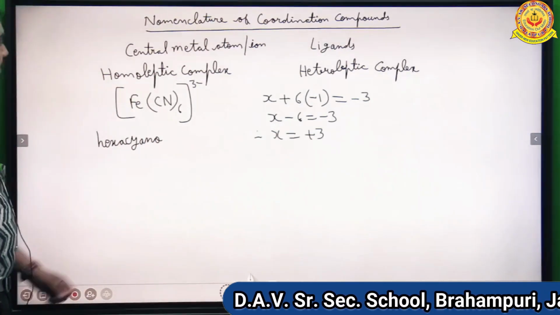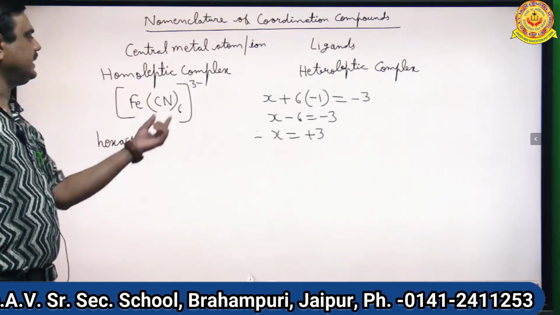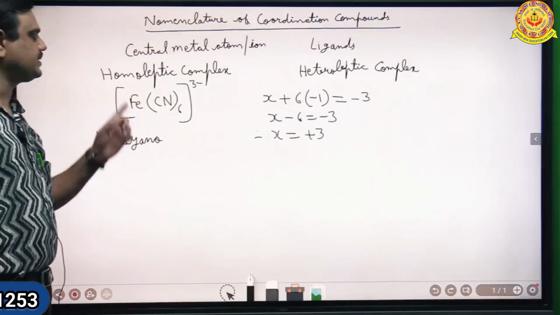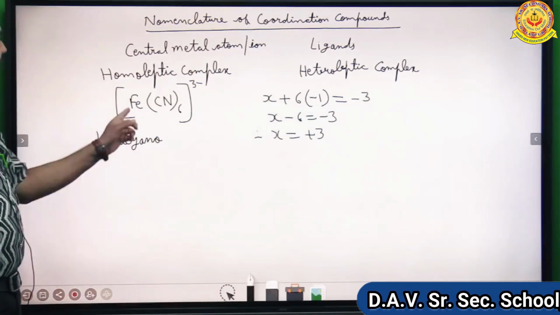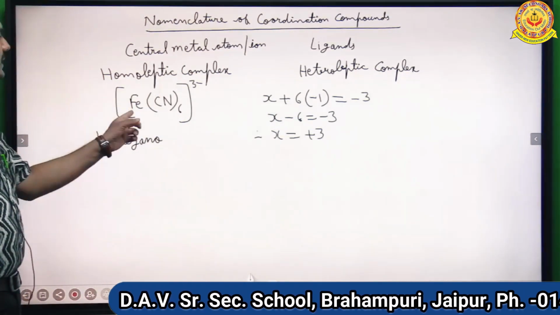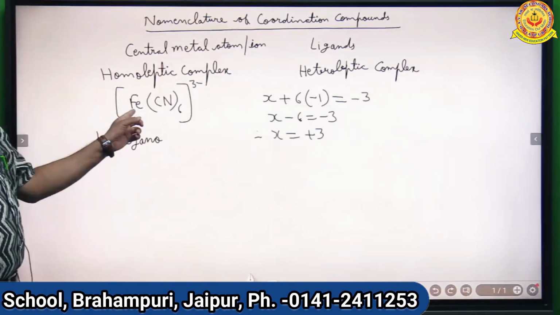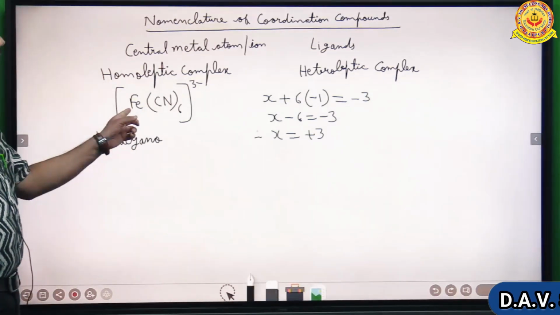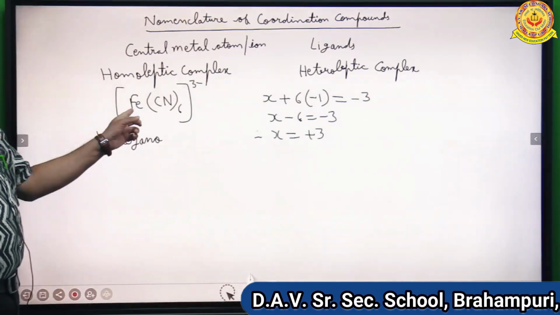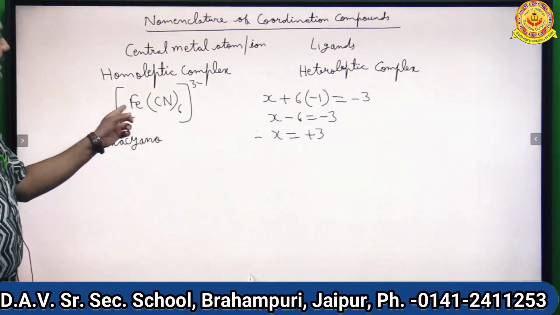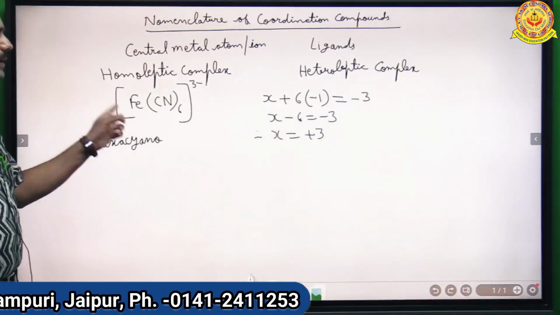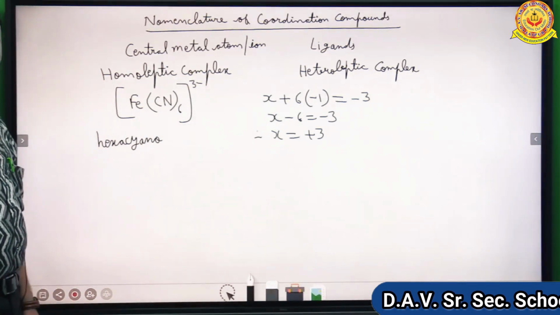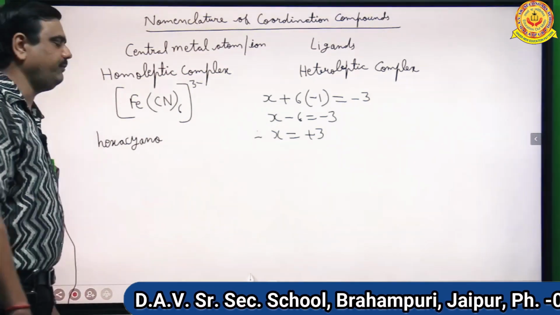Now when the complex has negative charge, means in case of negatively charged complex, we write the Latin name of the central metal ion, the name from which its symbol has been derived. The symbol of iron is derived from its Latin name, which is ferrum. So we will take ferrum.